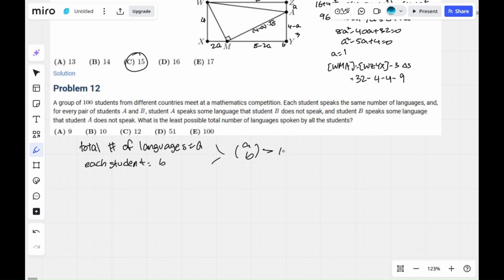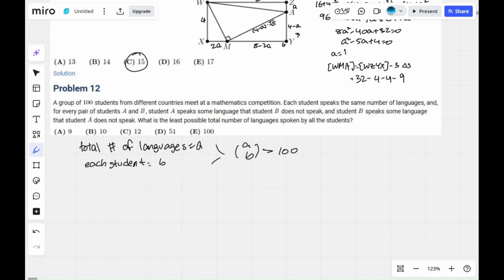So we want this to be greater than 100, and we're looking to minimize a. So we see that if a is less than 8, then the maximum number of combinations would be 70, which is 8 choose 4. So that is not possible.